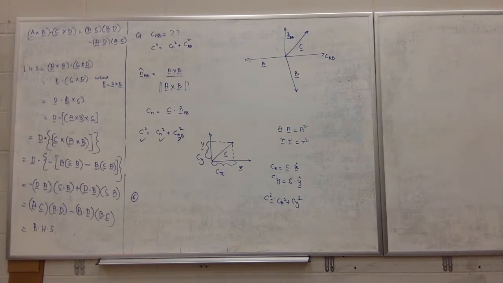So if the angle is 90 degrees, cosine 90 is 0. So if three vectors are coplanar, and you take the cross of any 2 and dot it with the third vector, it will always be 0. So if A dot B cross C is 0, A, B, C are in the same plane. Got it?